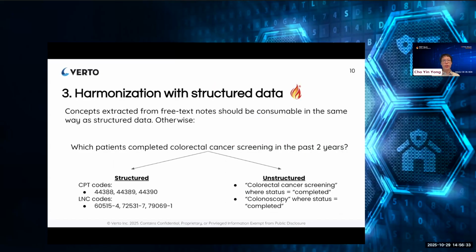The reason number 3 is harmonization with structured data. And so this is kind of the most obvious reason why NLPing to FHIR is most important, because our other counterpart, 20% of structured data, is already in FHIR. We have been making huge progress in Canada versus in a lot of places.